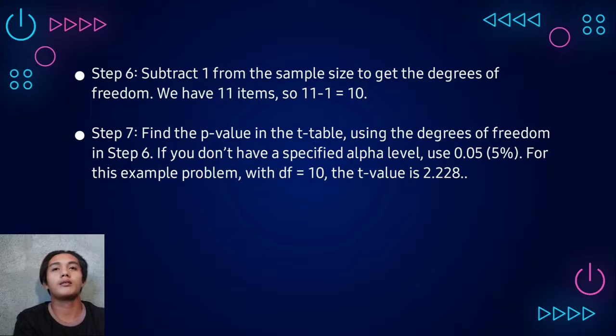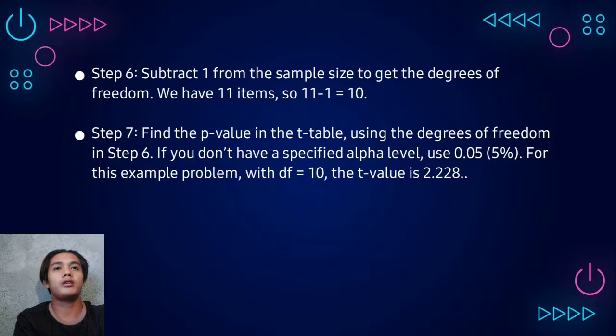Then, step 7. Find the p-value in the table using the degrees of freedom in step 6. Ang ating degrees of freedom is 10. If you don't have a specified alpha level, use 0.05 or 5%.